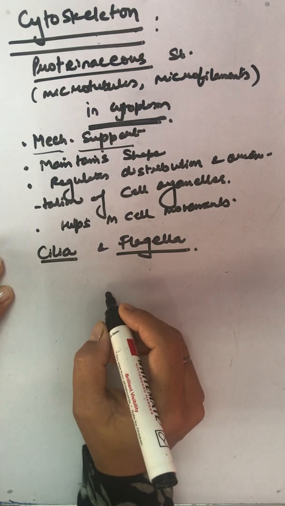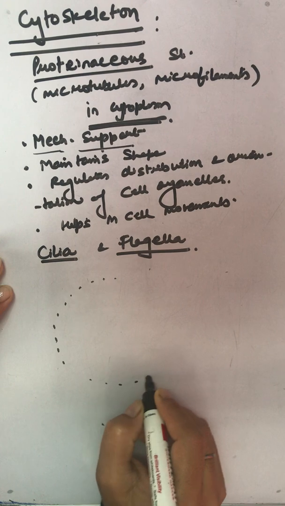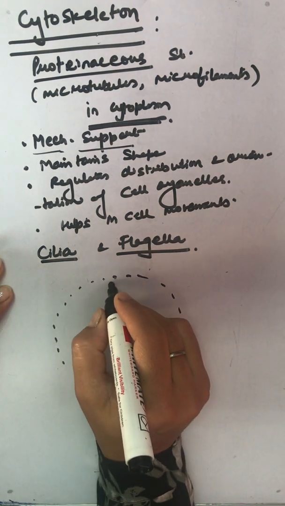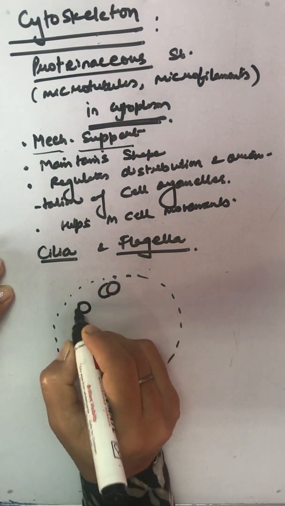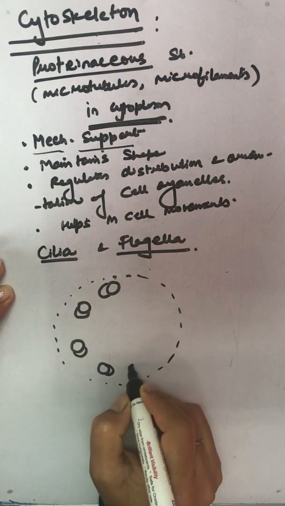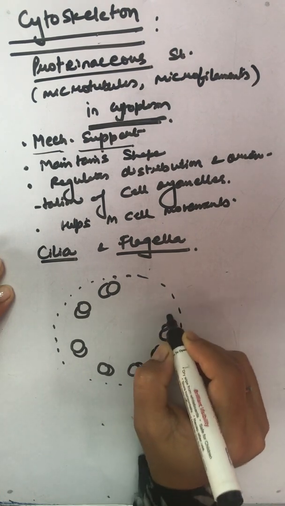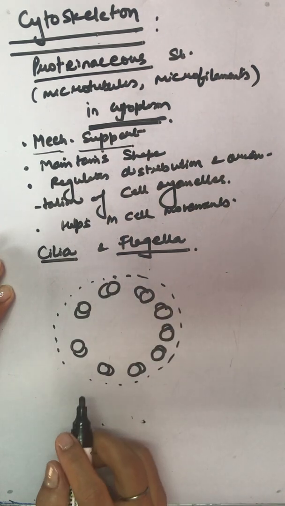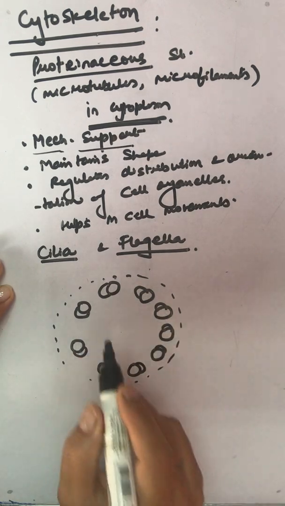Here we have an array of 9 microtubules present on the outer side, and these 9 microtubules are each one complete and one half ring: first, second, third, fourth, fifth, sixth, seventh, eighth, ninth.